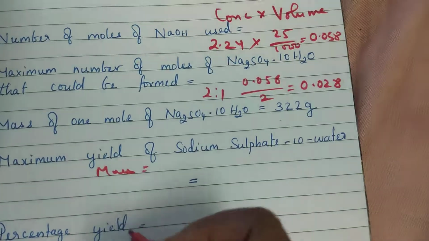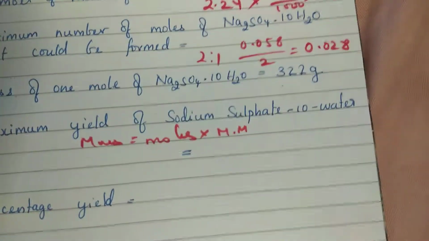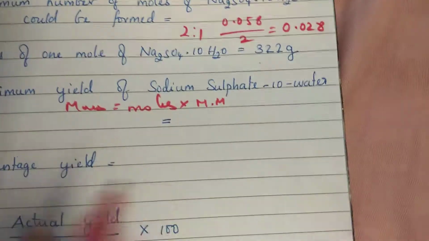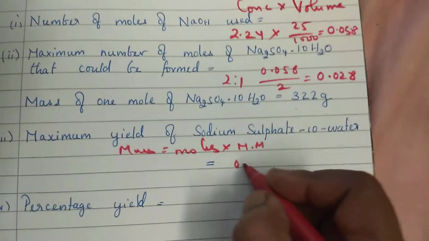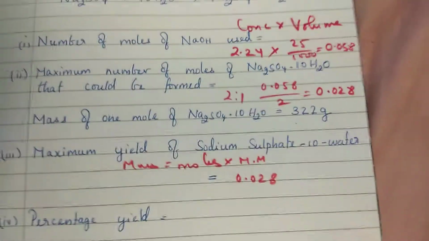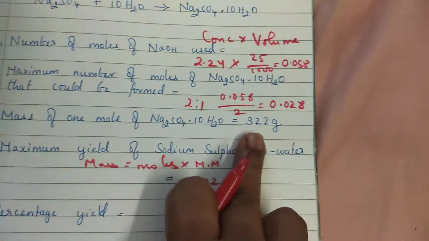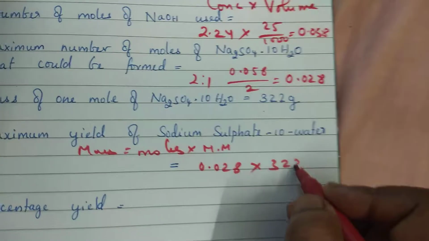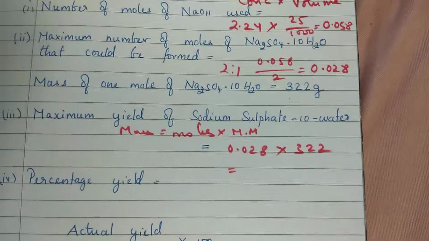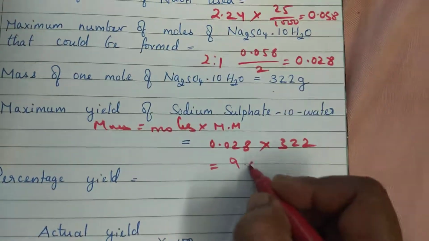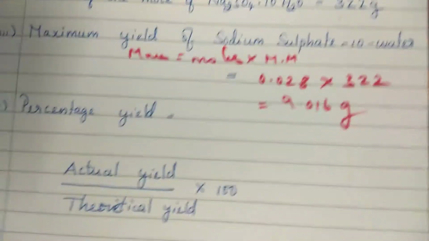Mass is equal to moles into molar mass, that is the Mr value. Moles is what we have calculated over here, 0.028 moles. So 0.028 moles of hydrated sodium sulfate into the molar mass which they have given in the question. So what is the maximum yield of sodium sulfate now? 9.016 g.